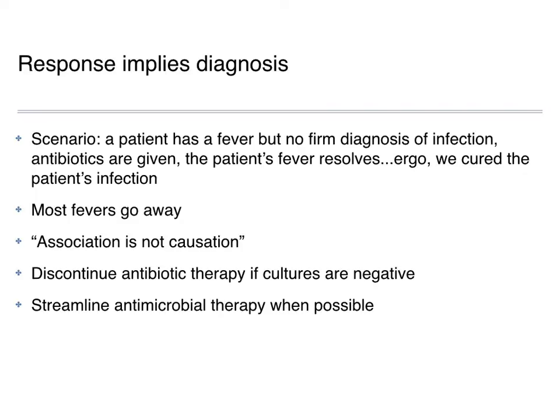And so I think often there's the reluctance to discontinue antibiotics, but yet you don't know what you're treating, so why are you keeping someone on antibiotics? And so a related thing would also be streamlining as well. So again, with that scenario where you have someone on 3 drugs and you decide that you really are no longer concerned about MRSA, you can go ahead and get rid of the vancomycin because it's not really required, it's only breeding resistance.